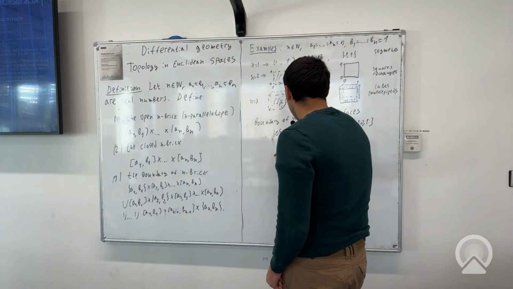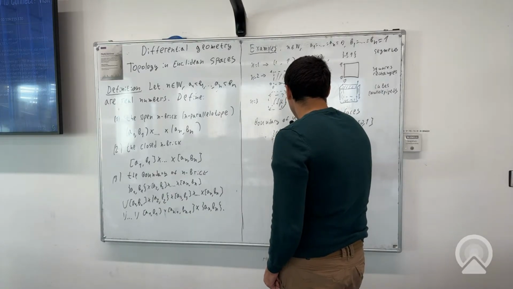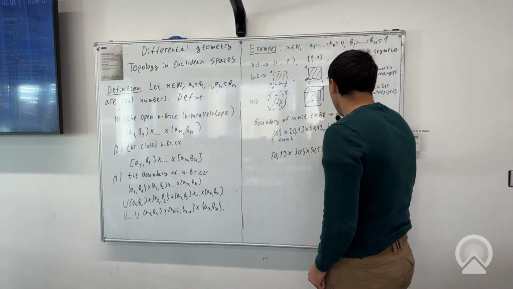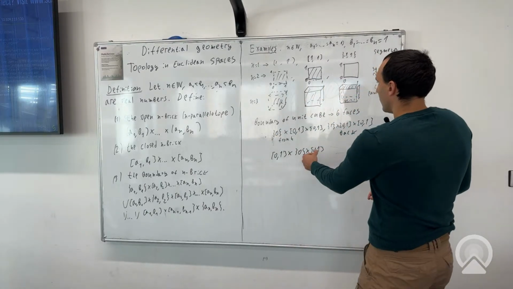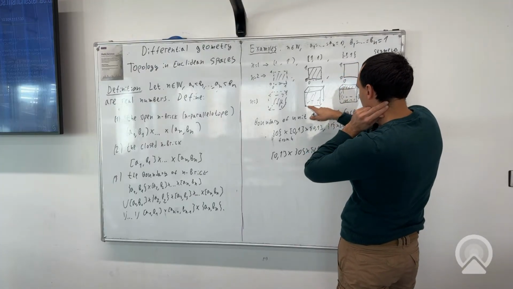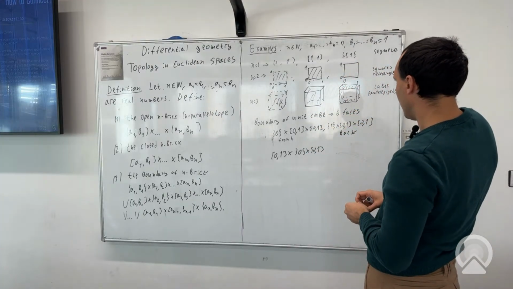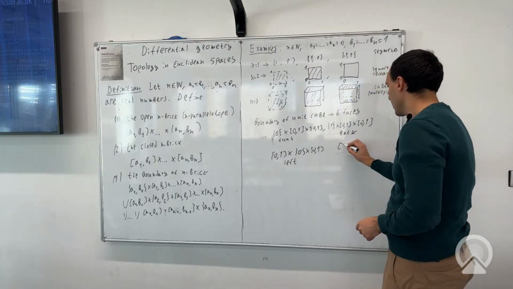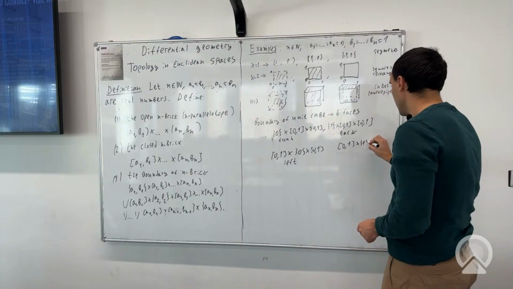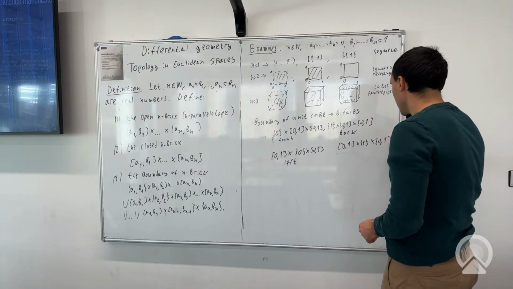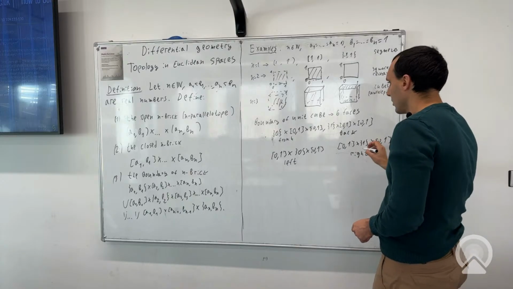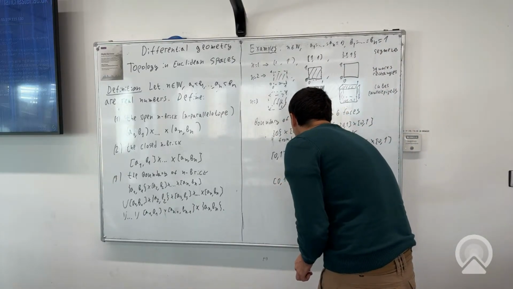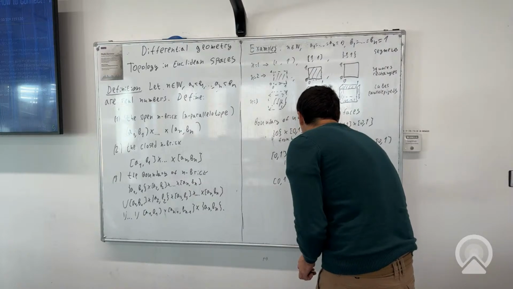We have 0, 1 times 0 times 0, 1, and so y is 0. What's this? This is left and 0, 1 times 1 times 0, 1. This is right. And 0, 1 times 0, 1 times only element 0.